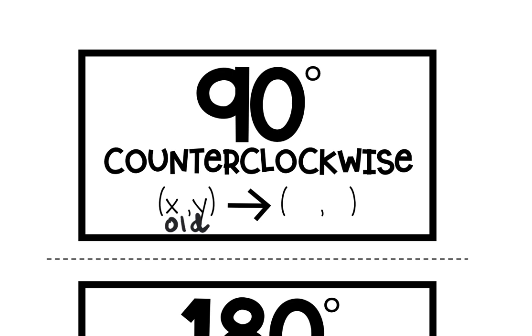So if we switch X and Y, this is how my rule is going to look: negative Y, X. Remember, if you see a negative, it means that it's a change of sign. If it was positive, now you're changing it to negative. If it was negative, now you're changing it to the opposite.